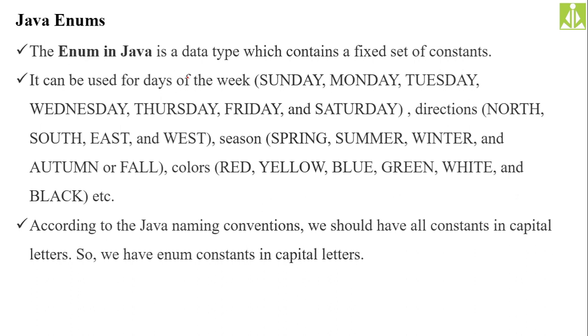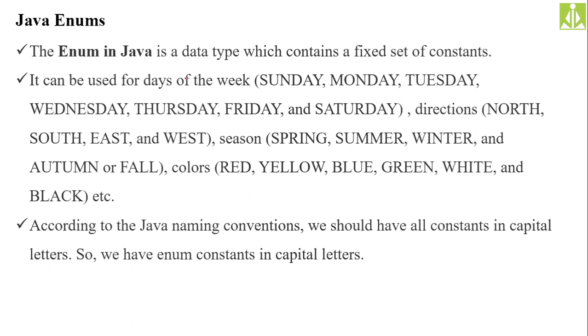Instead of typing the lengthy name in your programming, you can put that constant, and from that constant using the enumeration, you can get the name over there. Okay, like that these enumerations are helpful. So enumeration in Java is a data type which contains a fixed set of constants. It can be used for days of the week like Monday, Tuesday, Wednesday, Thursday, Friday, Saturday, Sunday, likewise.